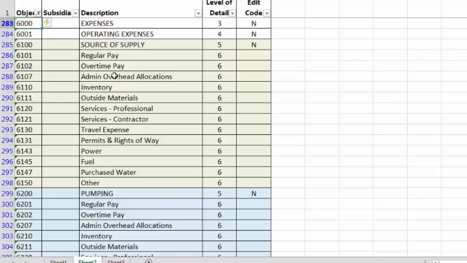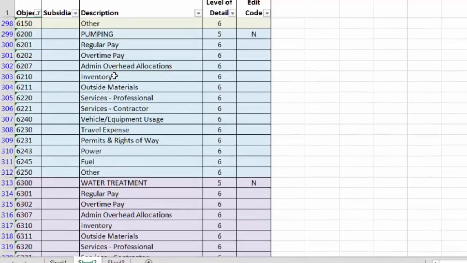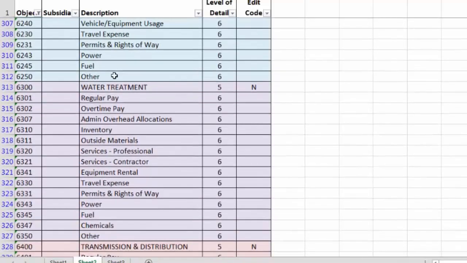Okay, so for source of supply, 47 is purchased water. Nobody else does purchase water except source of supply. But down here I have 47 chemicals because that's specific to water treatment.